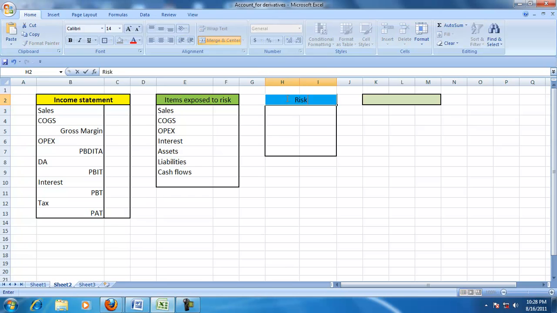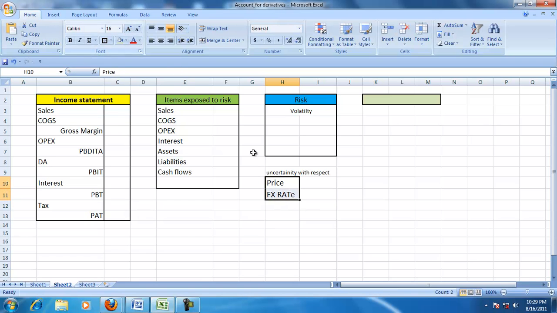Risk is the volatility which arises from uncertainty with respect to price or foreign exchange currency rates.